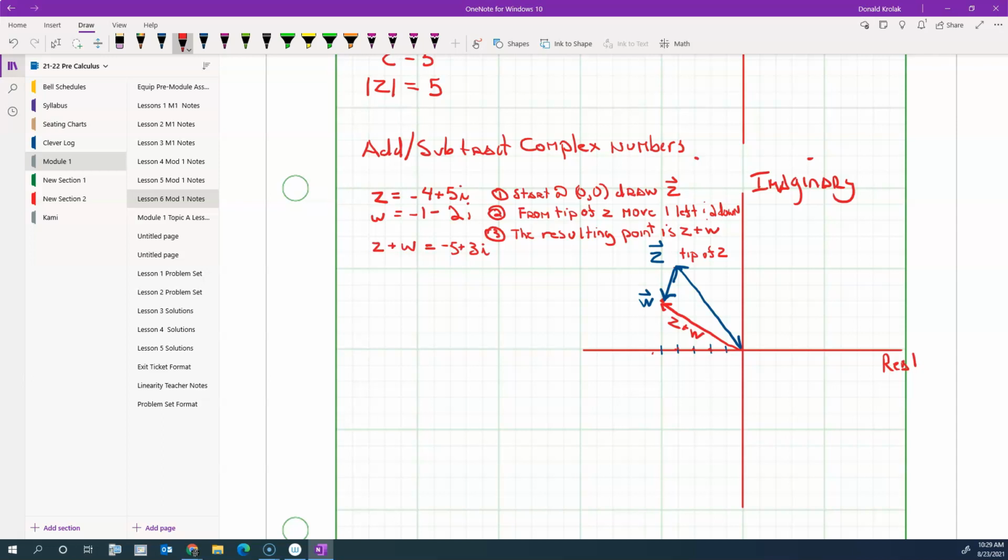Now to subtract them, all you do is add the opposite. If I wanted to subtract these two, you think of this as z plus the opposite of w. You do it the same way: you draw z.